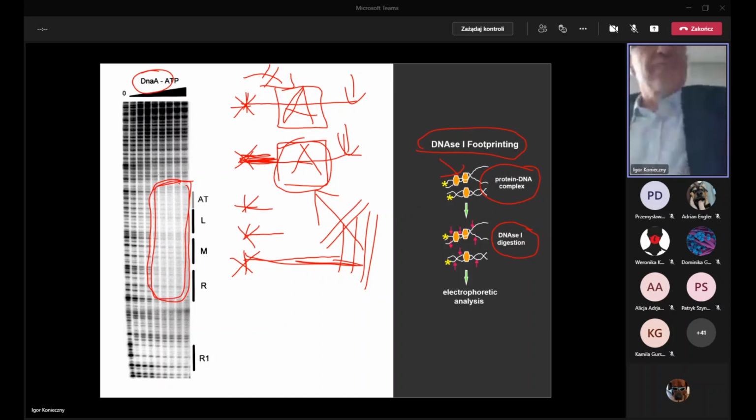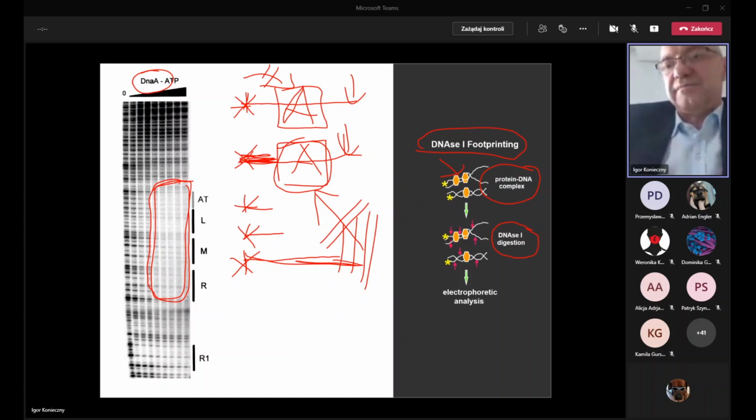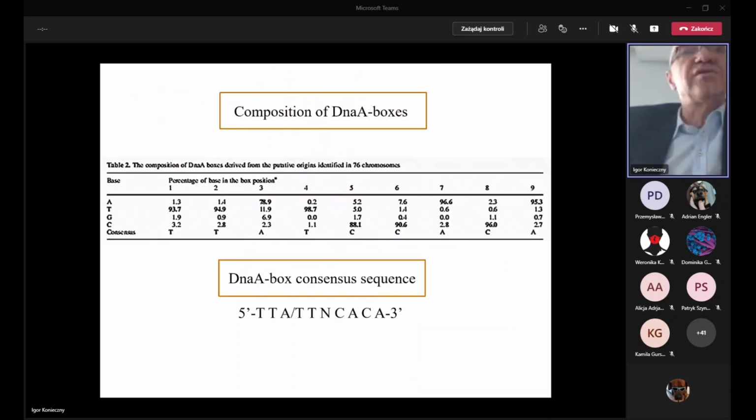Okay. So this is DNase-1 footprinting, and EMSA, or gel mobility shift assay, to analyze the site of interaction of a protein. So what can we get from the site of interaction? What kind of information?